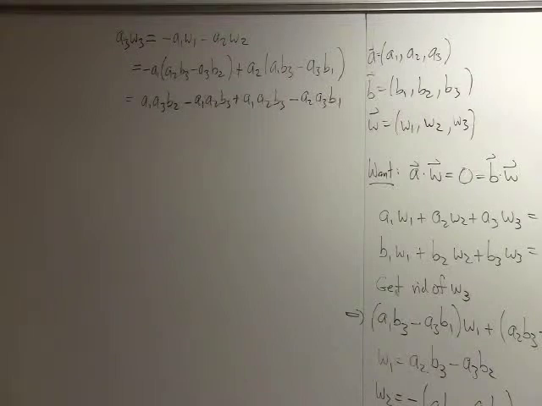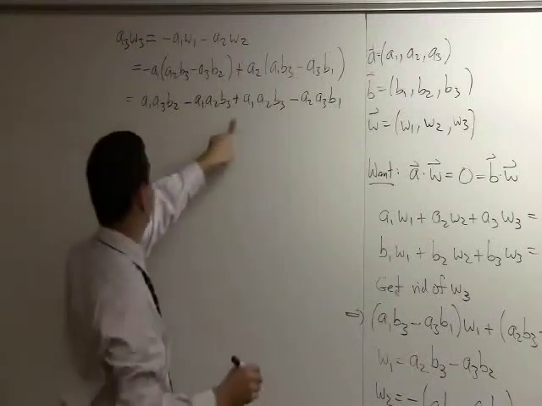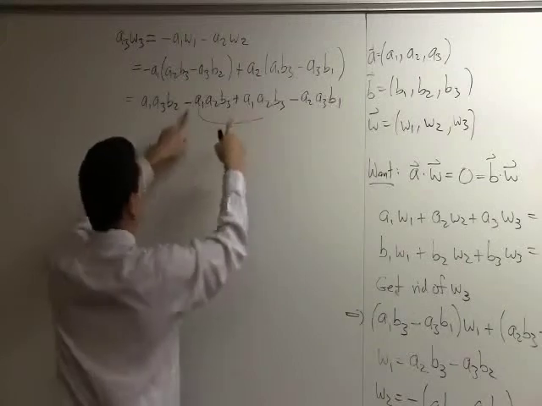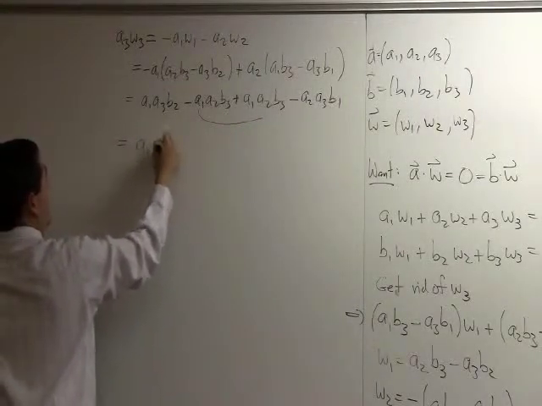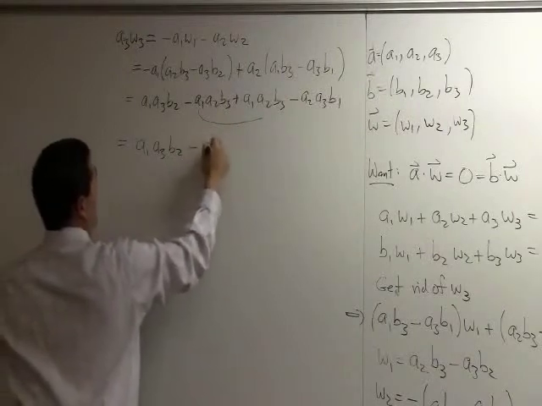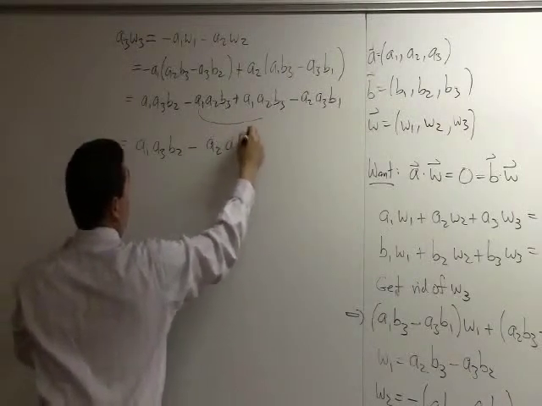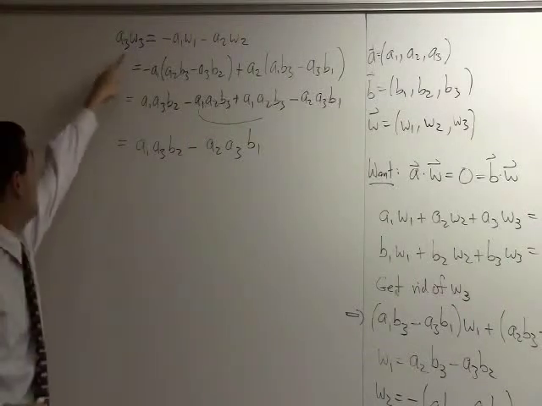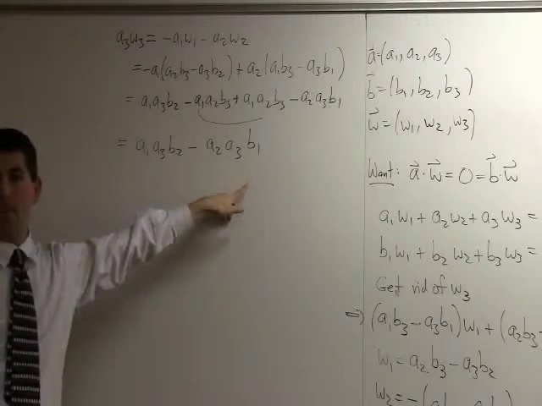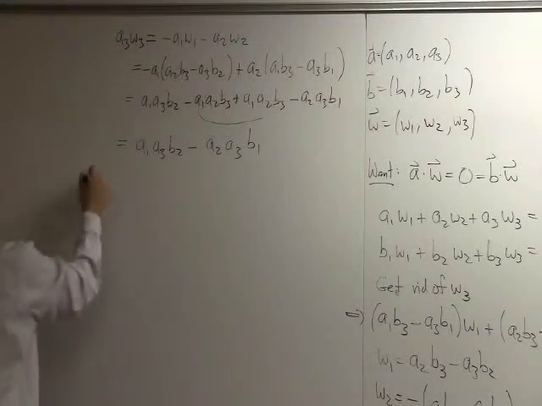Now, do you see anything nice there? What's that? A1, A2, B3 cancel. Yeah, these two are the same, but one has a minus, one has a plus. So actually, those go away. You get A1, A3, B2 minus A2, A3, B1. Okay, so that's A3W3. So what does W3 equal?